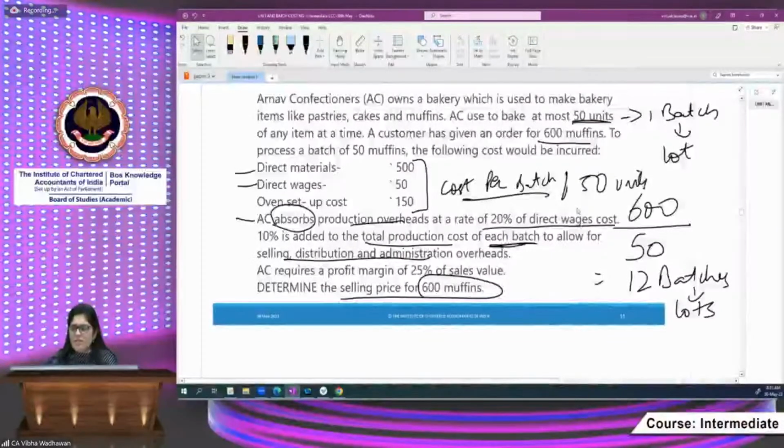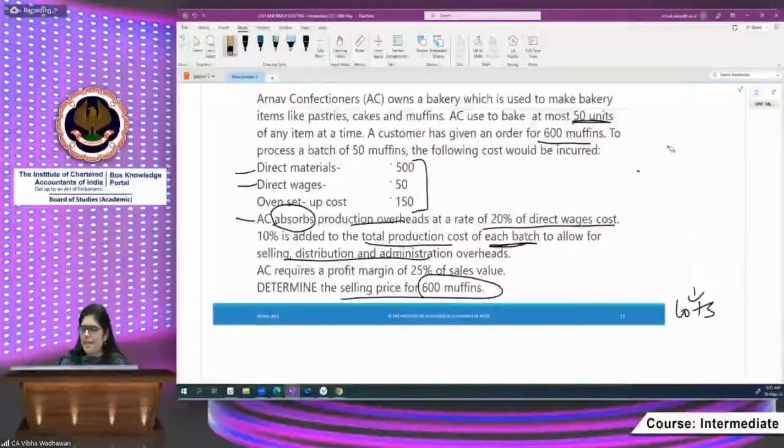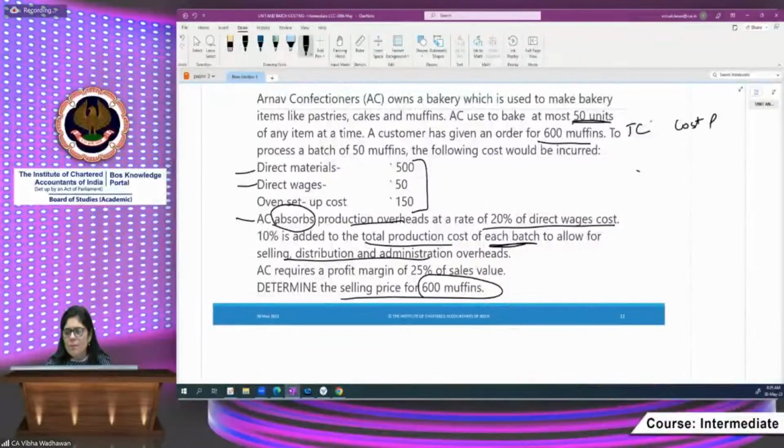So let's just start. I'm erasing all the extra things so that we can start. Please prepare a statement of calculation of selling price for 600 muffins. So for 600 muffins, you have to calculate simultaneously per batch also. So here it will be total cost and cost per batch.